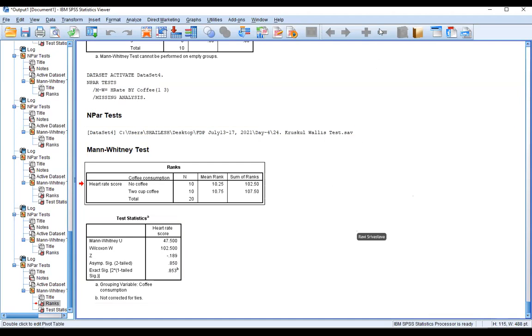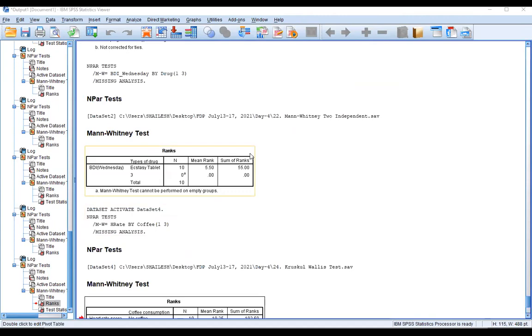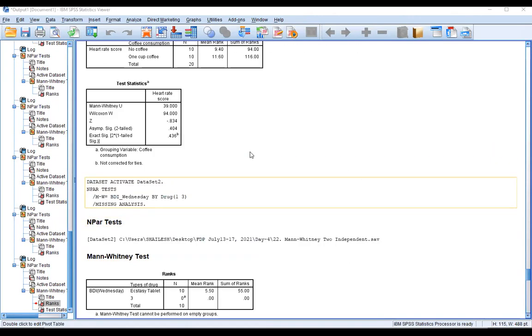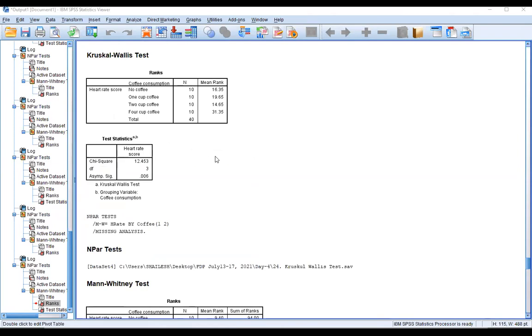So there is no significant impact when you take 2 cups of coffee per day. Now the third case is 1 cup coffee with 4 cup coffee, then you find there is a significant impact.